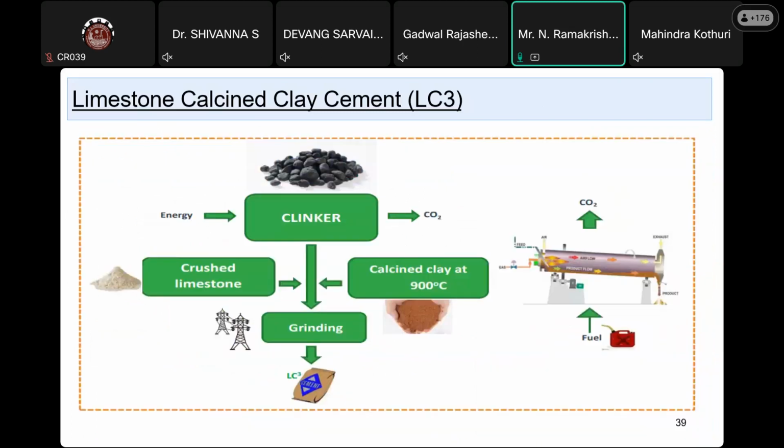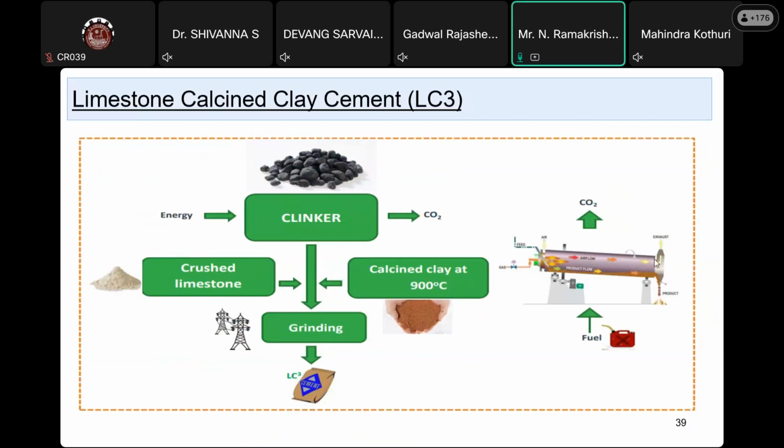This is the pictorial representation of LC3. You can see here the energy required to get the clinker, and CO2 is emitted. So crushed stone, limestone, calcinated clay at 900 degrees Celsius, clinker, you grind that and you get LC3.